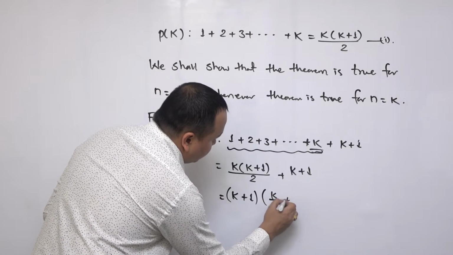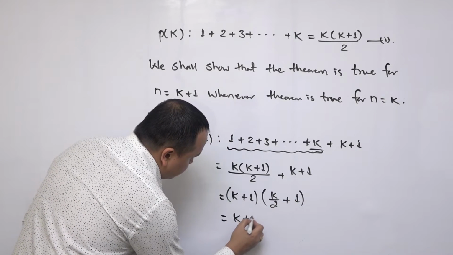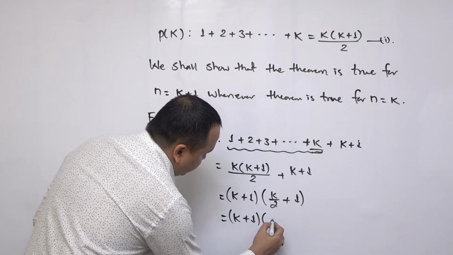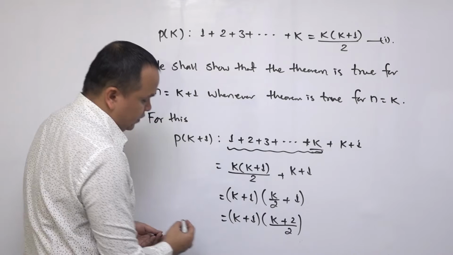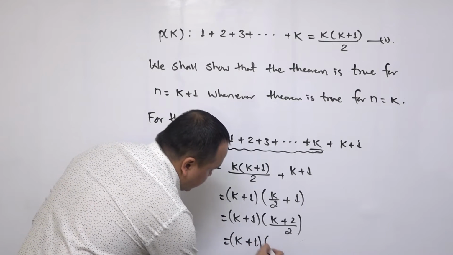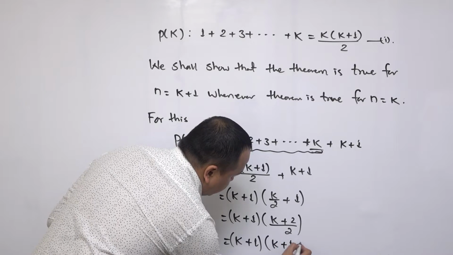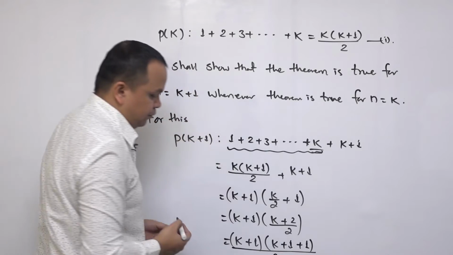So k by 2 plus 1, and this is k plus 1 times k plus 2 divided by 2, and this is k plus 1 times k plus 1 plus 1 whole upon 2.